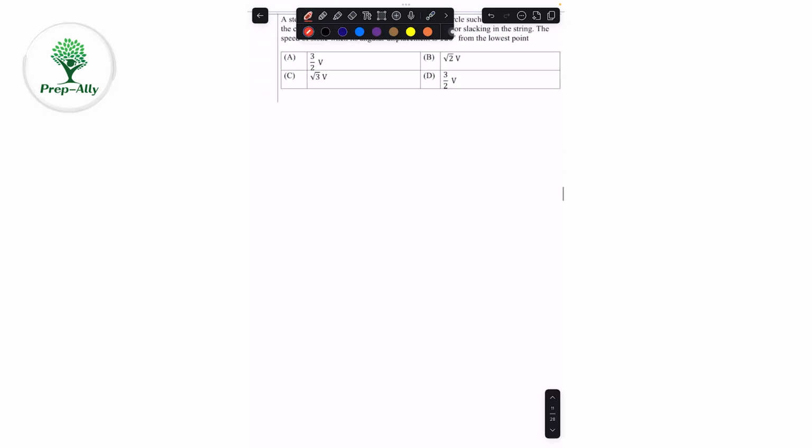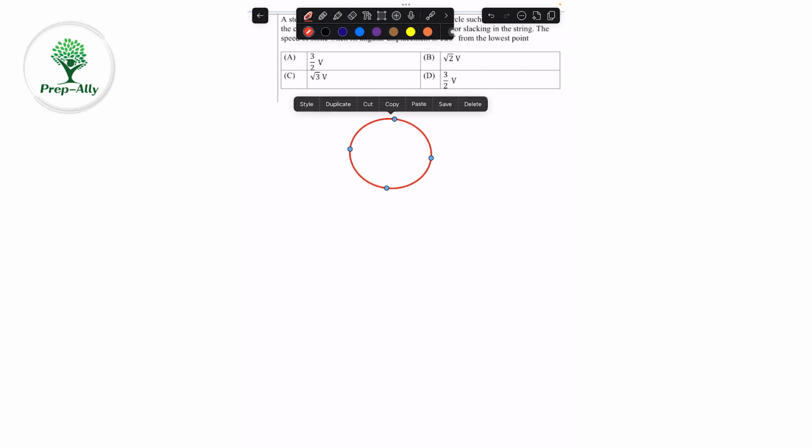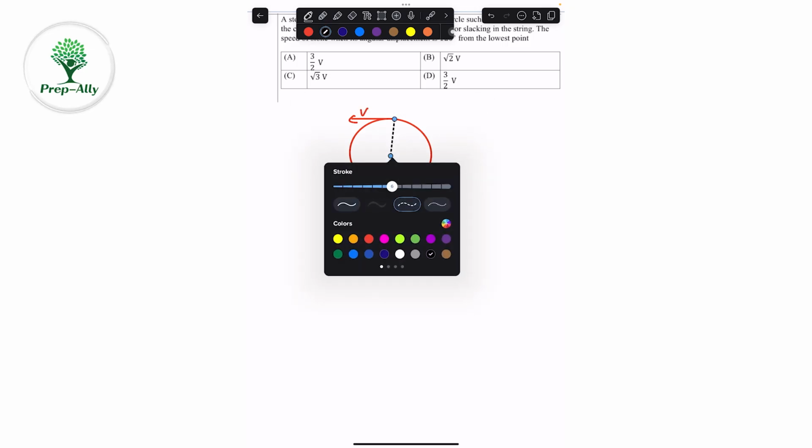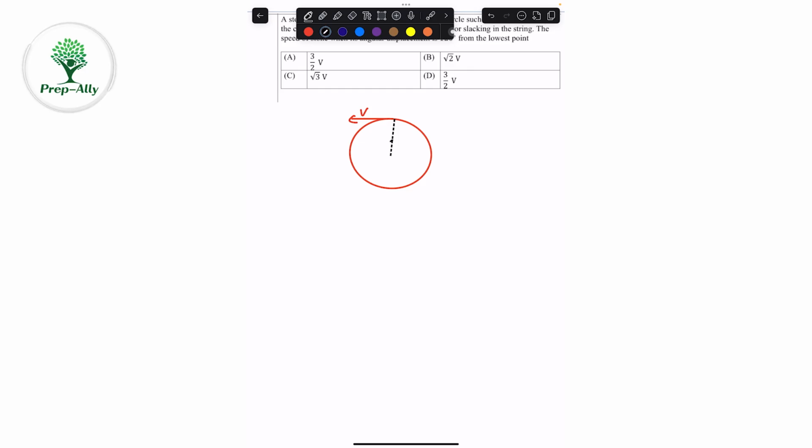So let us say this is the vertical circle we are moving in, and at this point it is saying the velocity is v. This is the tension. This is the string we are using, and it is saying there is no slacking nor is it having some tension.